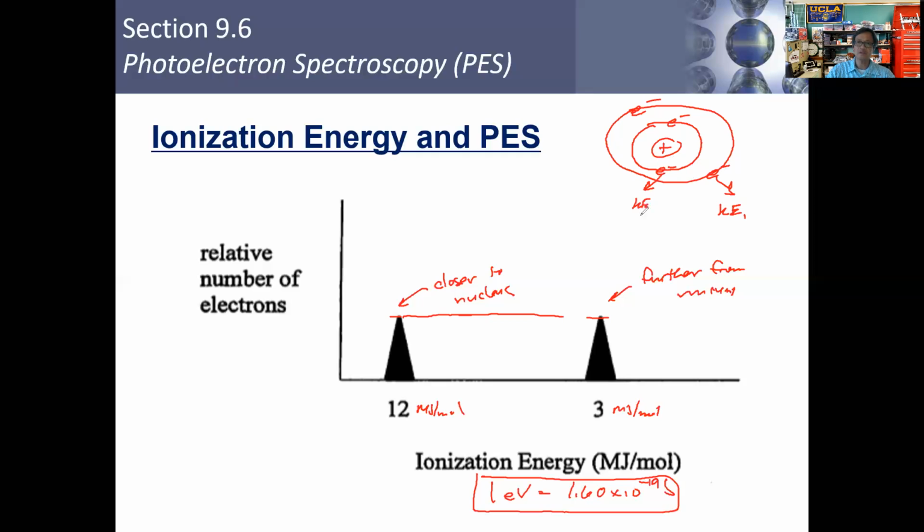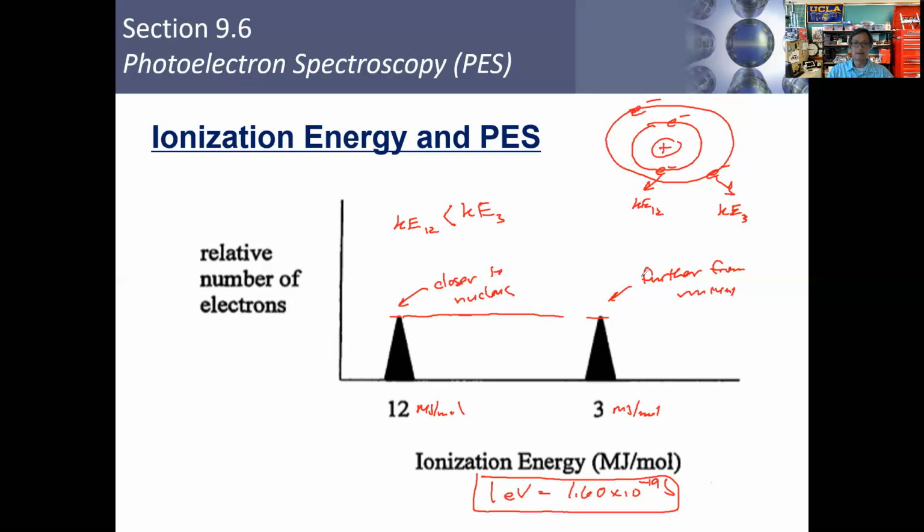So the kinetic energy for the electrons at ionization 12 will be less than the kinetic energy for these electrons at peak 3, because these will leave with a higher kinetic energy.